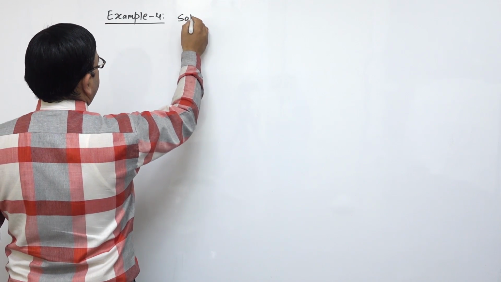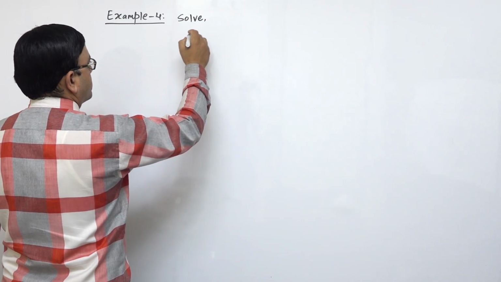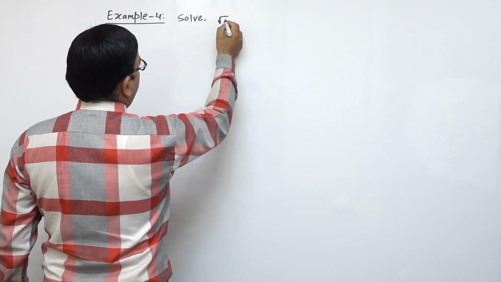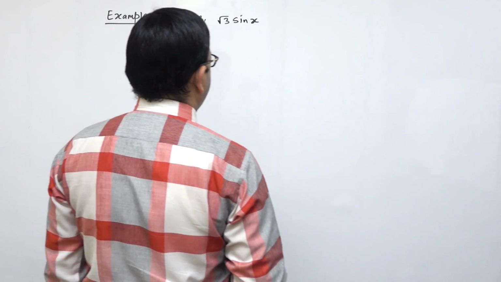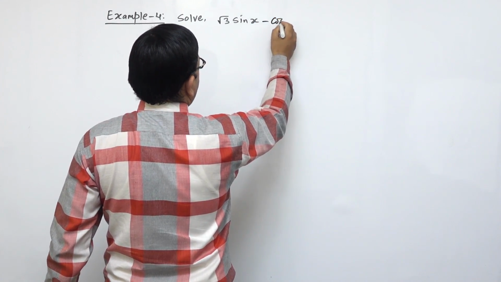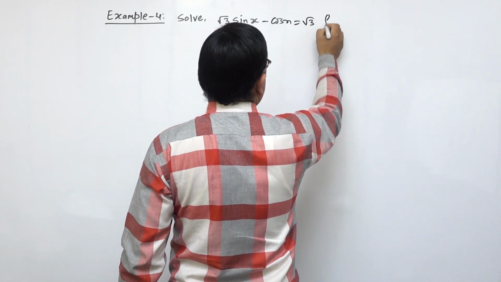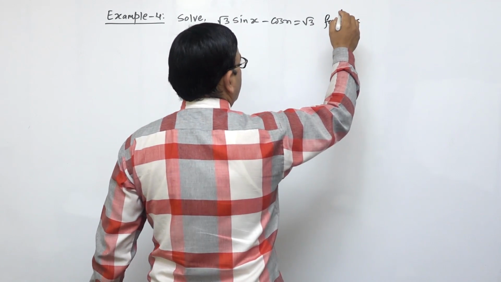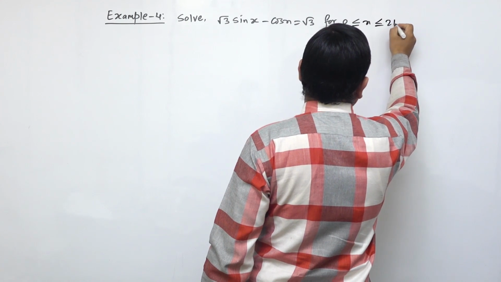Solve root 3 sin x minus cos x is equal to root 3, for 0 less than or equal to x less than or equal to 2 pi.